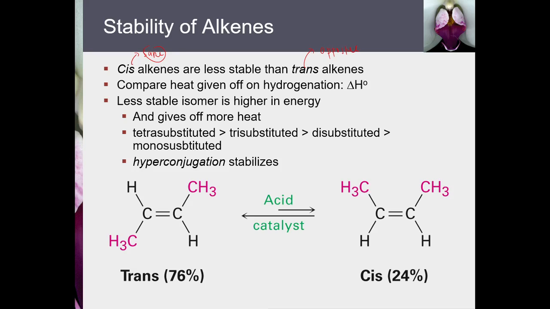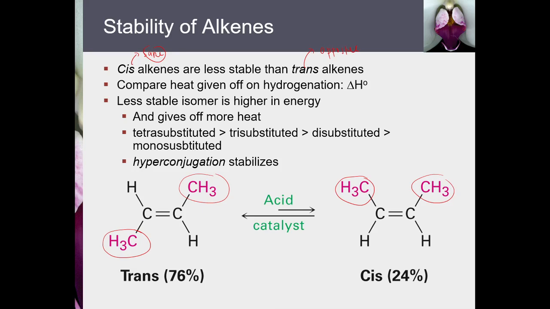Kasi dahil ito ay parehas na malaking portion ng inyong molecule, gusto nilang magkalayo sila. So kaya dapat mas favored yung on the opposite sides yung inyong mga bulky groups like CH3.